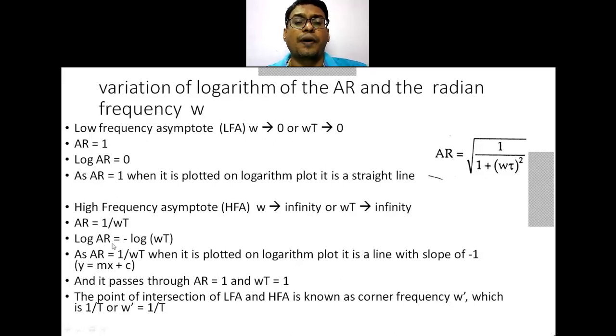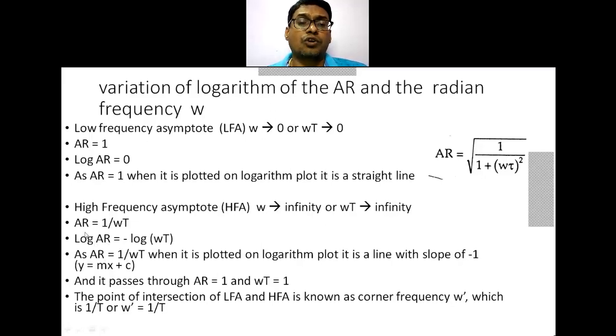So log of amplitude ratio becomes equal to minus log of omega tau. Now if we plot a graph, amplitude ratio is equal to 1 upon omega tau.